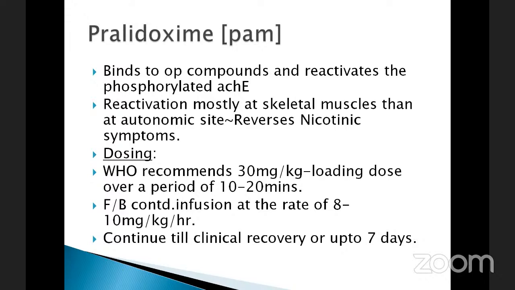What is the aging effect, Shankar? What is the meaning of aging? And which part of the neuromuscular junction will this organophosphorus compound attach to, causing an irreversible complex? Shankar, sir.